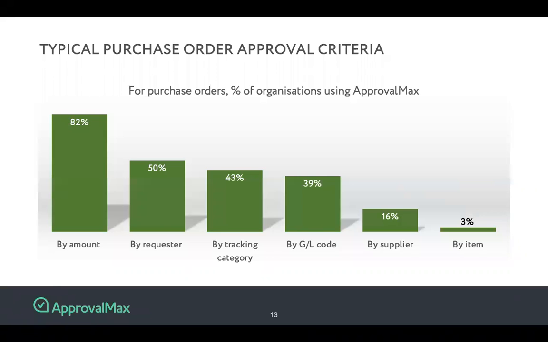For example, if a purchase order is requested by Mark and if it exceeds 3,000, it should go to the head of marketing for approval. If it is requested by Mark, but it is below 5,000, then it should go to another manager for authorization. That is quite a typical workflow that we see being configured in ApprovalMax.